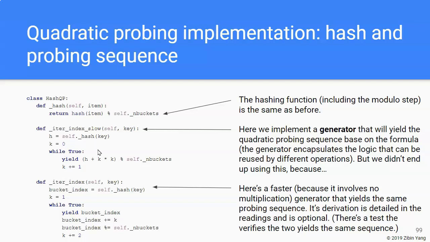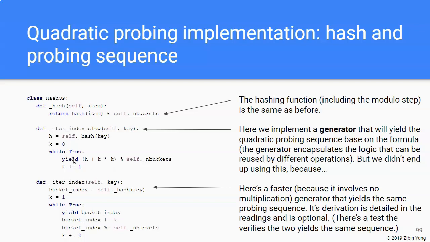This one, the iter index slow, works exactly how we described it, using the probing formula, right? We just hash the key and we increment the hash value by the square of an increasing sequence, where k goes from 1 to 2 to 3, and so on and so forth, and then k squared would go from 1 to 4 to 9, the quadratic probing sequence.